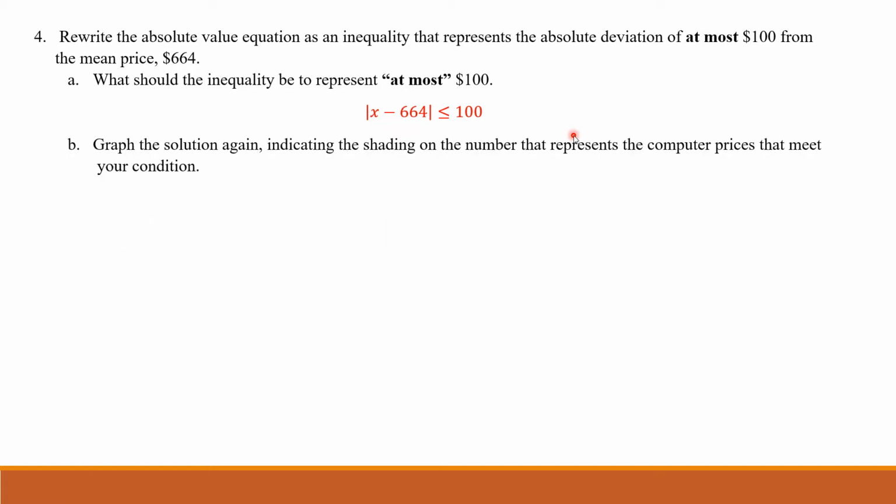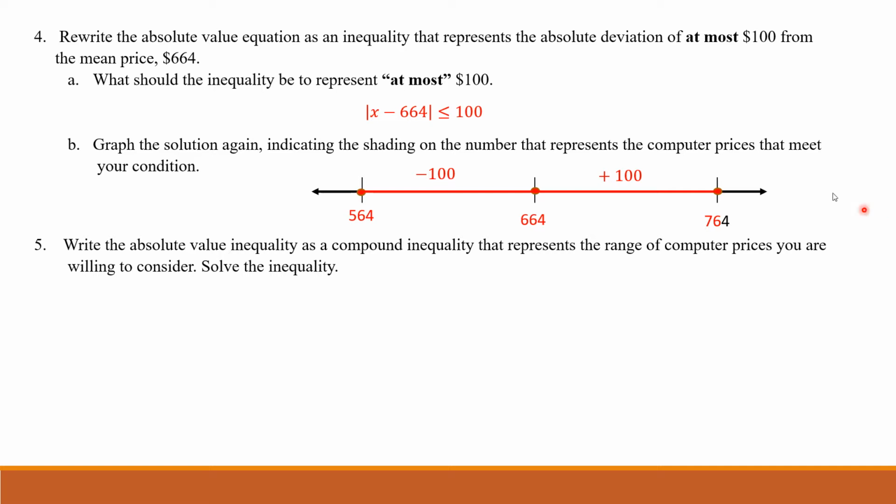Let's graph the solution again and indicate by shading the computer prices that meet our condition. Here's our graph with our center point and our $100 less and $100 more. We want to shade in between, because we're going to consider any price between the left boundary and the right boundary. The shading indicates all possible prices in between.